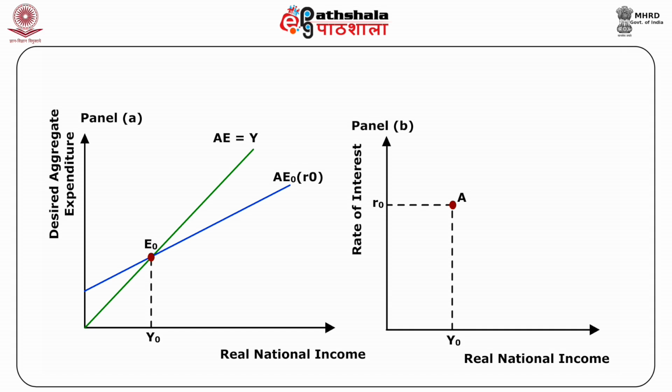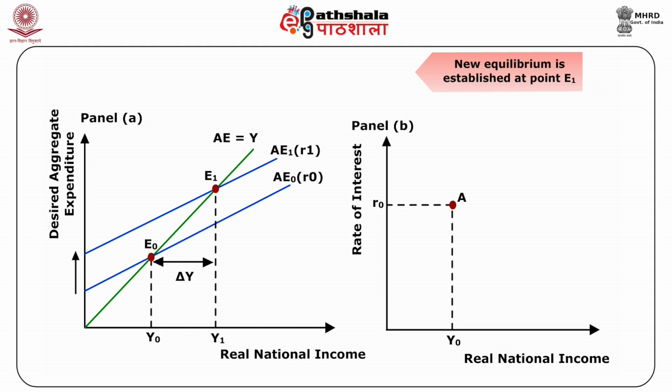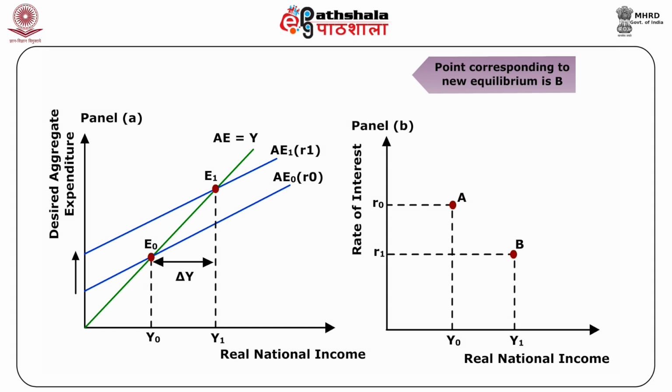Now, when the interest rate falls from R0 to R1, investment spending rises and leads to an upward shift of the AE curve. Now, equilibrium is established at point E1 where equilibrium income is Y1. The point corresponding to this new equilibrium is point B at interest rate R1 and income Y1.